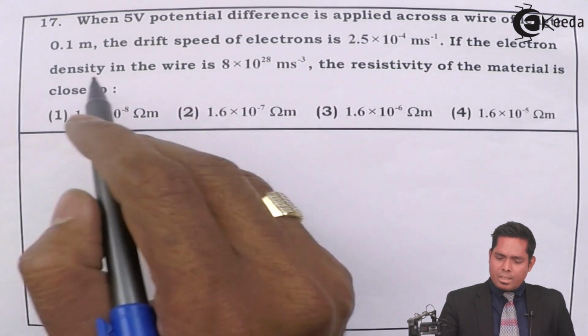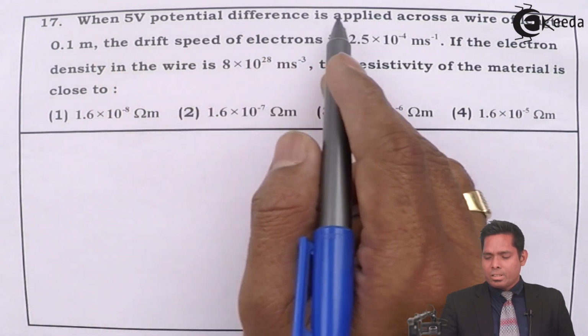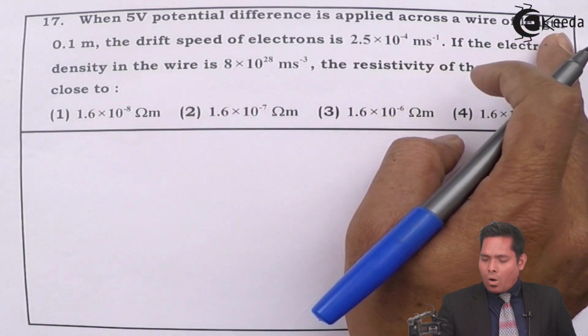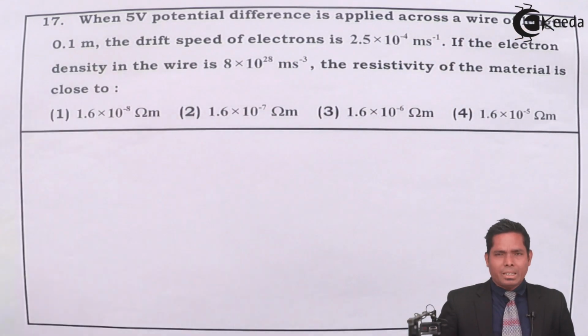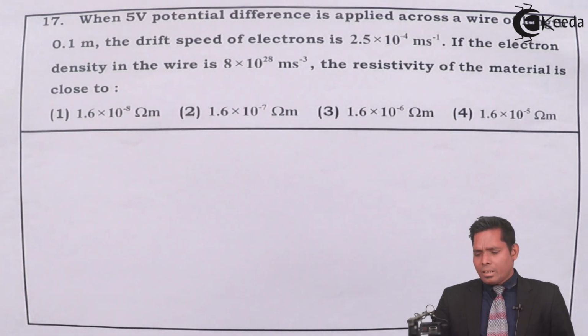This question says when a 5-volt potential difference is applied across a wire of length 0.1 meter. So there is a wire which is a conductor.